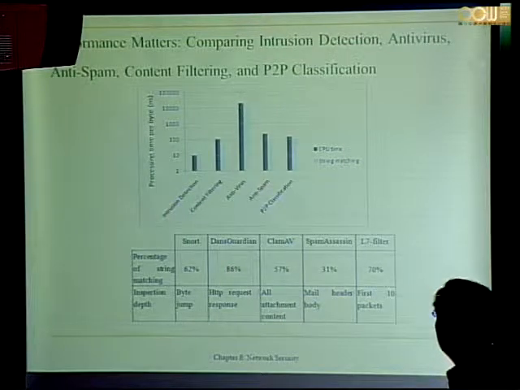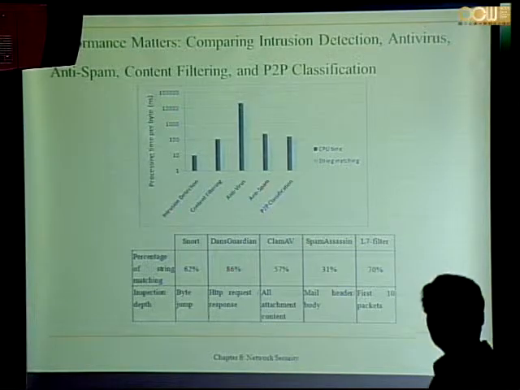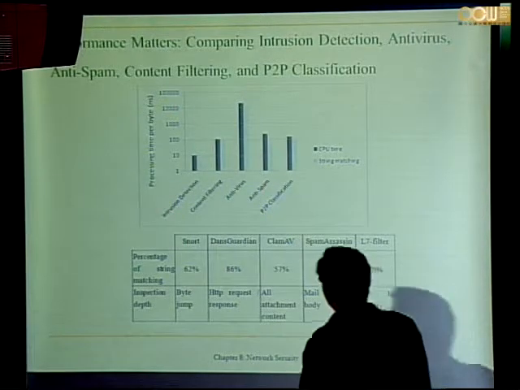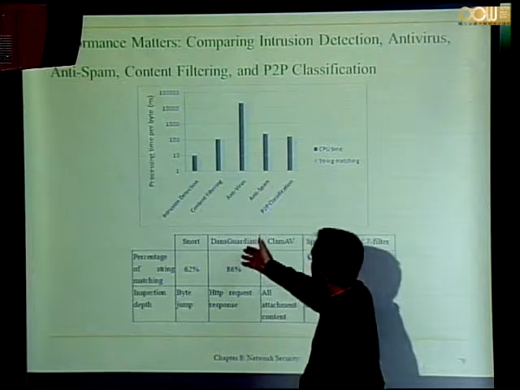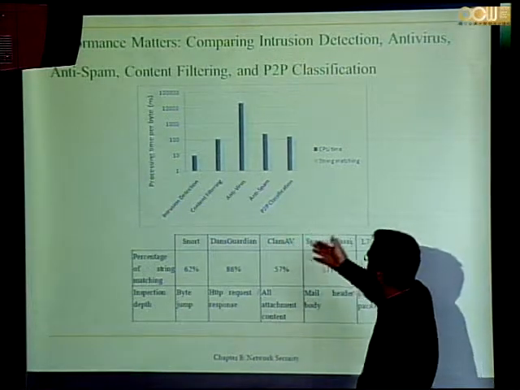Here's a sidebar on performance comparing intrusion detection, antivirus, anti-spam, content filtering, and P2P classification. For intrusion detection, we test on Snort. For content filtering, we test on DansGuardian. For antivirus, we test on ClamAV.